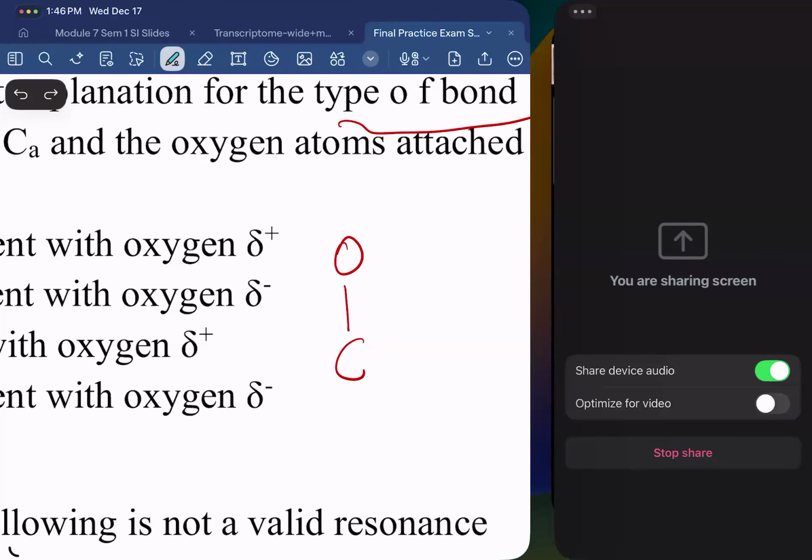Because there are so many electrons around oxygen, it's not going to have a neutral state. It's actually going to be slightly negative because of all the electrons around it.